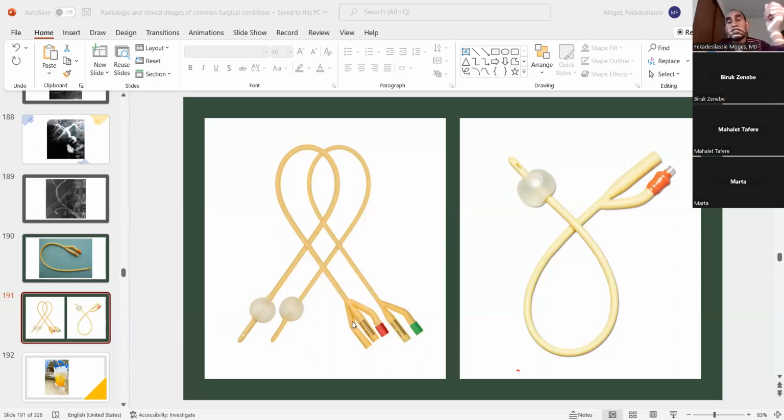Okay, so sometimes it can be used for irrigation, and then whatever you are irrigating comes out like this. Okay, so what conditions do you know which might require a continuous bladder irrigation? In what scenarios do you do bladder irrigation?